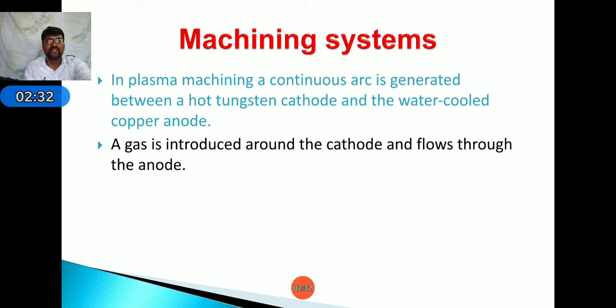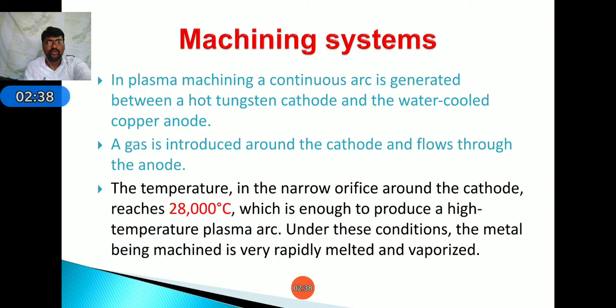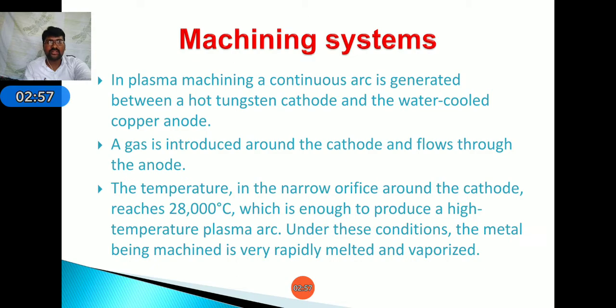A gas is introduced between the cathode and flows through the anode. The temperature in the narrow orifice increases to about 28,000 degrees centigrade, which is enough to produce a high-temperature plasma arc. Under these conditions, the metal being machined is very rapidly melted and vaporized.